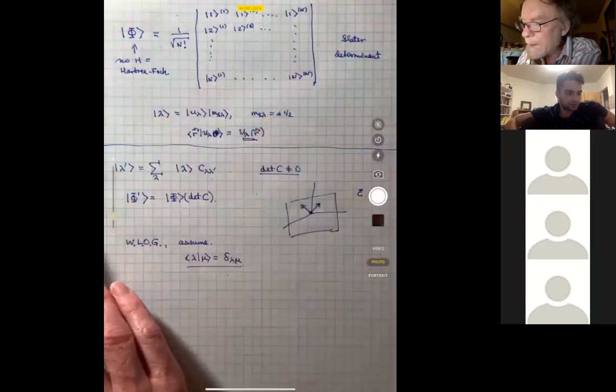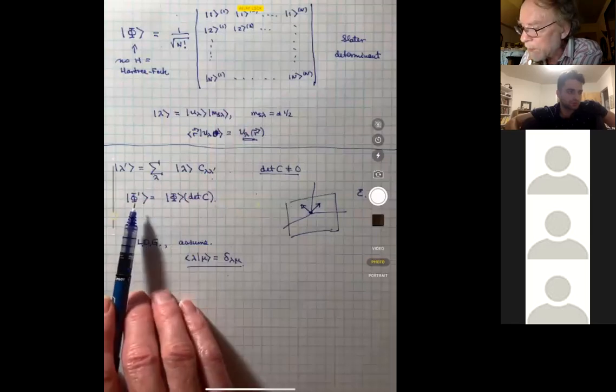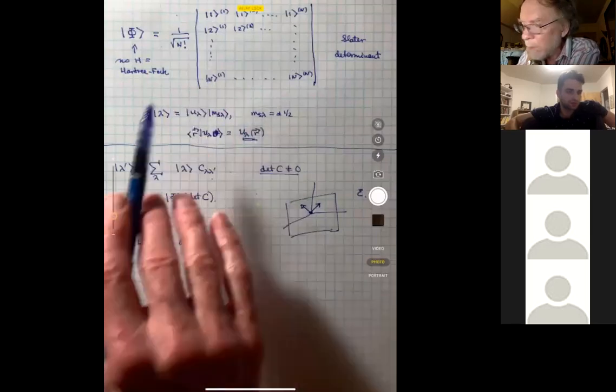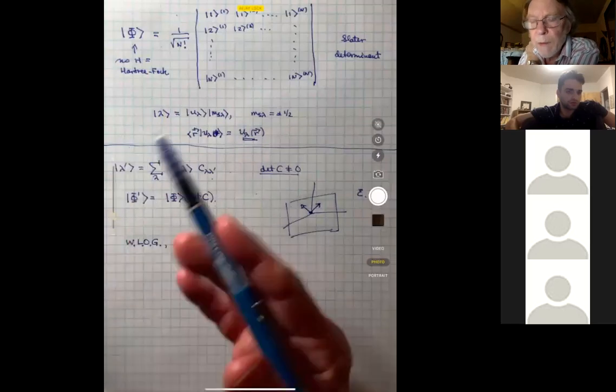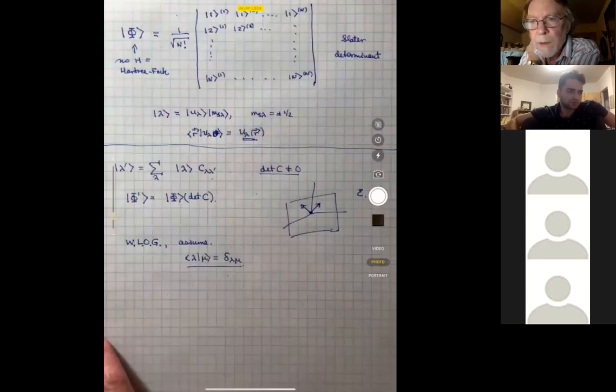If I had a determinant like this, and I formed linear combinations like this of these lambdas that were being multiplied, you'd see by the rule of multiplying determinants that the new determinant is the product of the old determinants. Does that make sense? I didn't go into detail, but I think that's fairly clear.